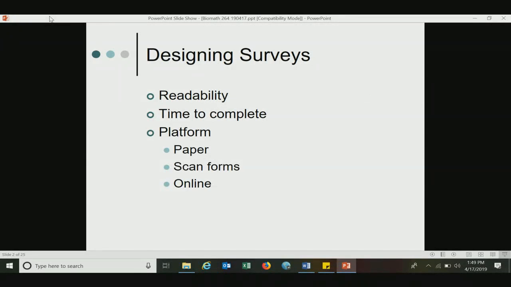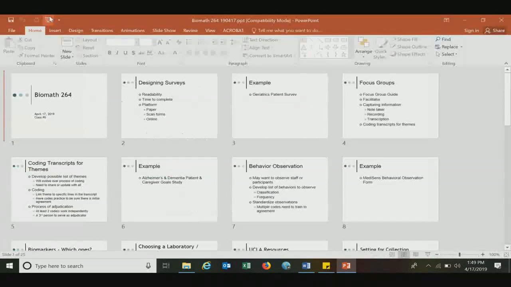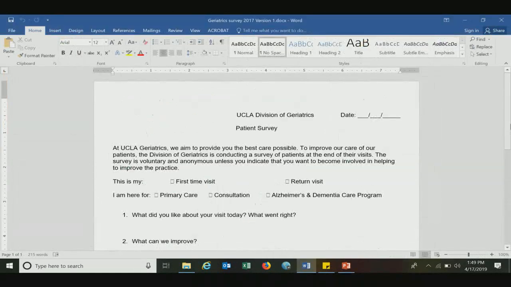So what I wanted to do was to take a look at an actual survey and get you guys to take a look at it and see what you think about it. This was a survey that was drafted, and this is on the CCLE site too. It's called Geriatric Survey. It was designed to be given to patients that came to the geriatrics clinic to get their opinion about stuff.